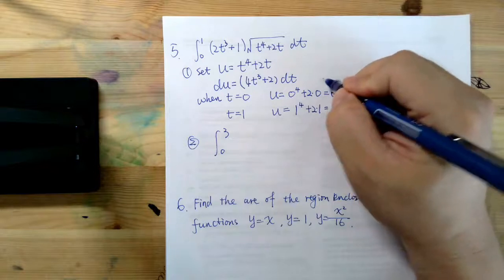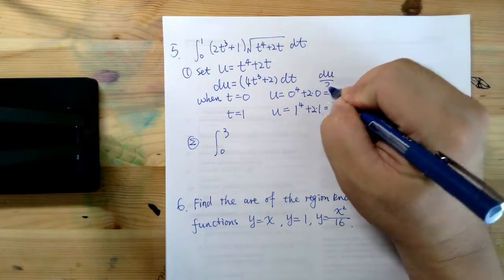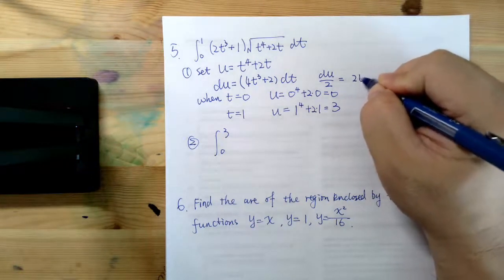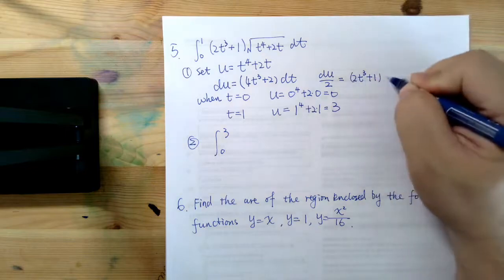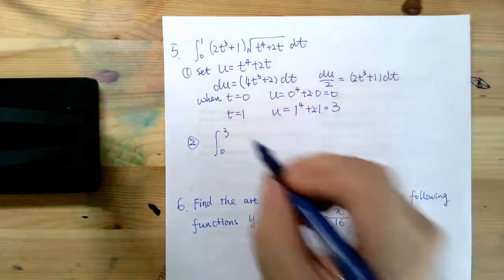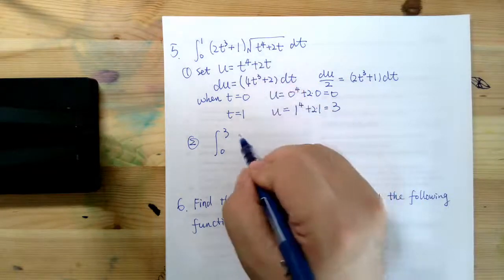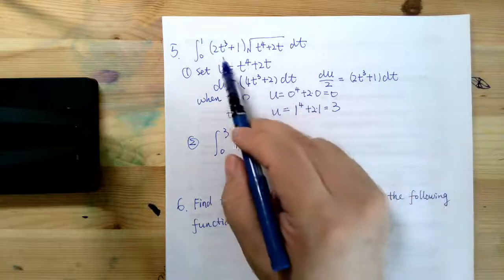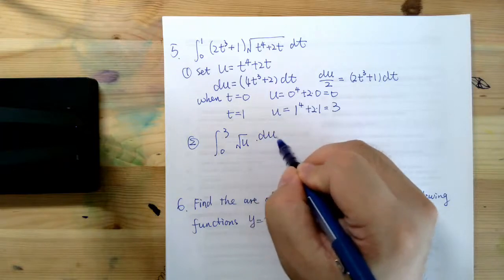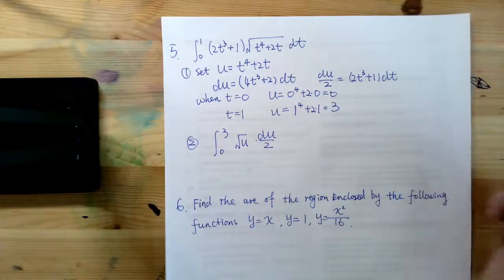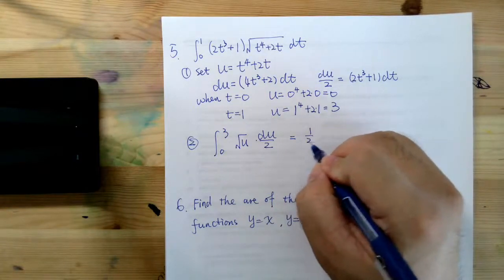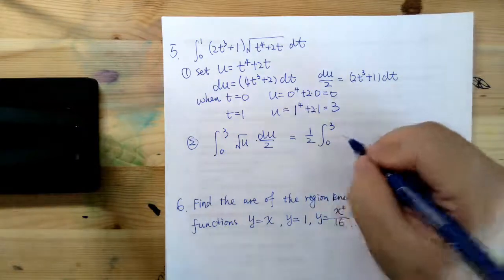If you divide by 2 on both sides, you get du over 2 equals 2t cubed plus 1 dt. That's exactly what we have here. So make this substitution. The square root of this part is square root of u, and 2t cubed plus 1 dt is du over 2. Now the problem is very straightforward.